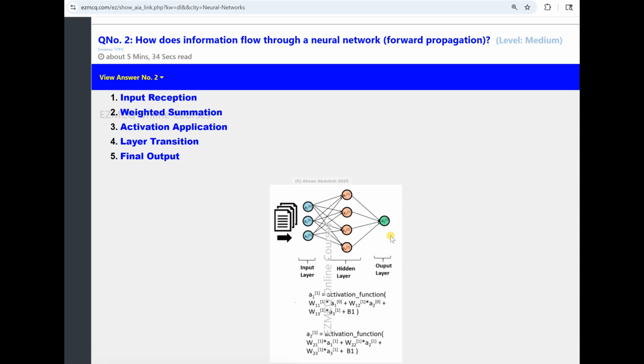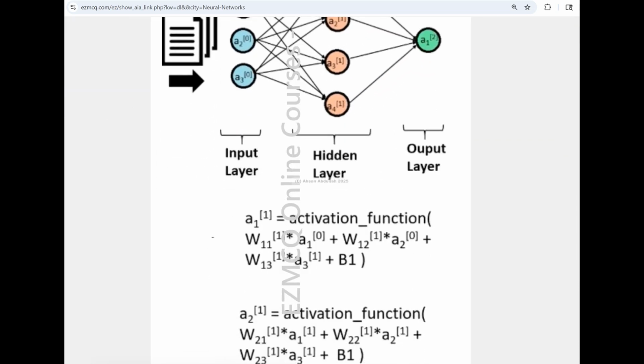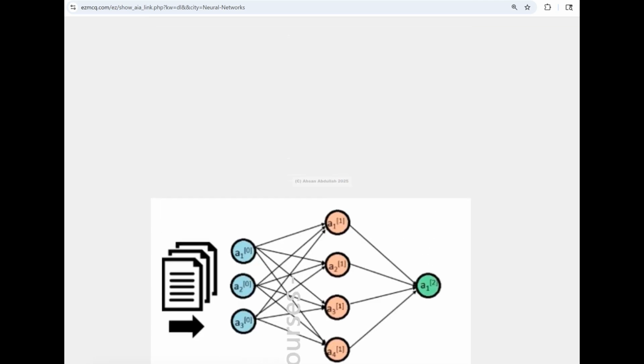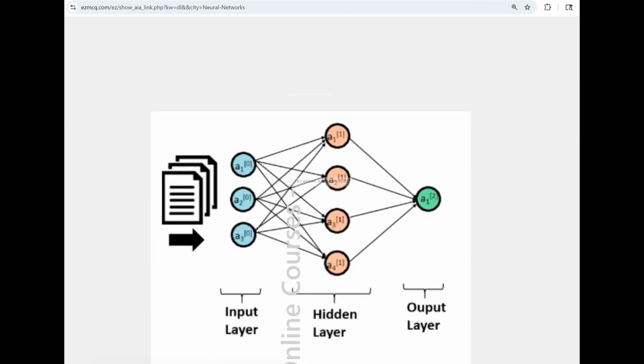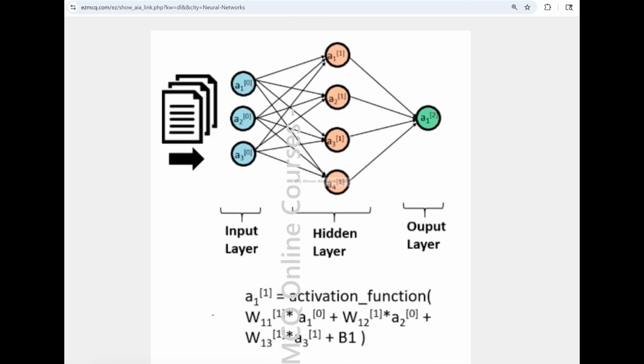If I zoom in over here, we have this activation function, which I believe we discussed in the previous Q&A also. This activation function acts upon the weights, the edge weights and the neurons.